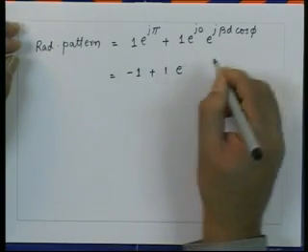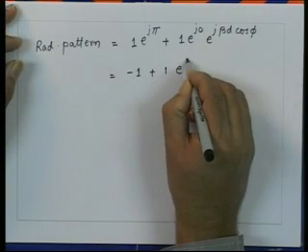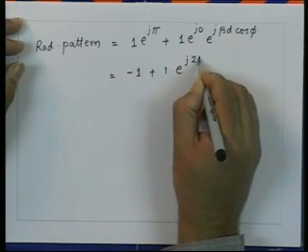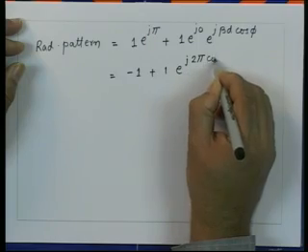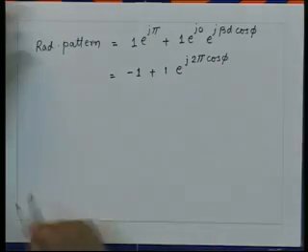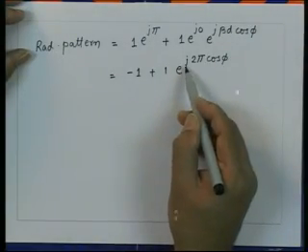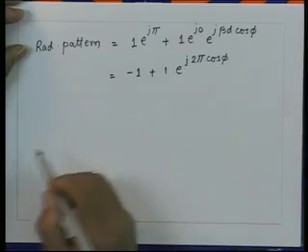So, we can write here this is e to the power j 2 pi cos phi. As you have done earlier, we can take e to the power j pi cos phi common from here.